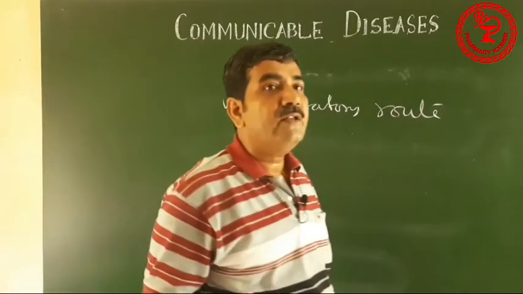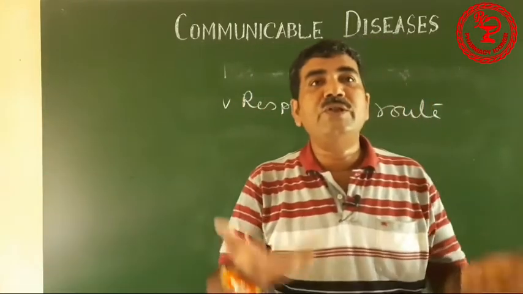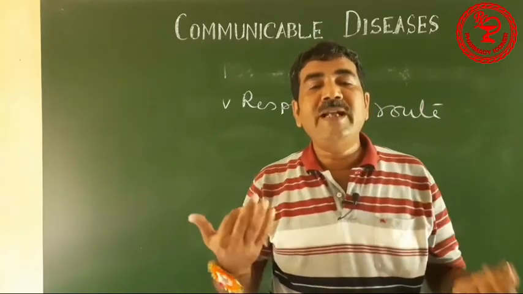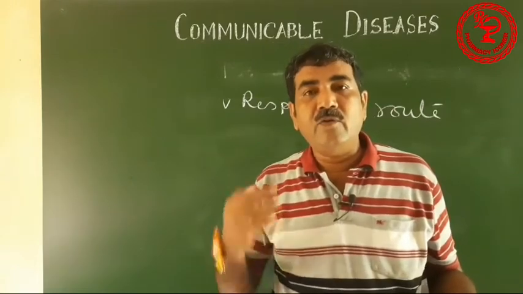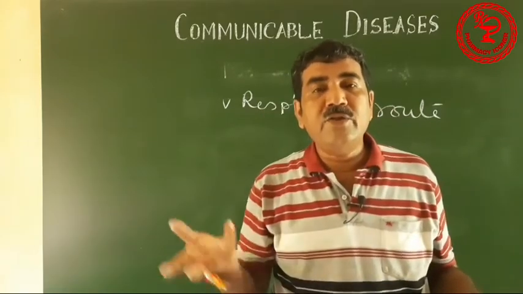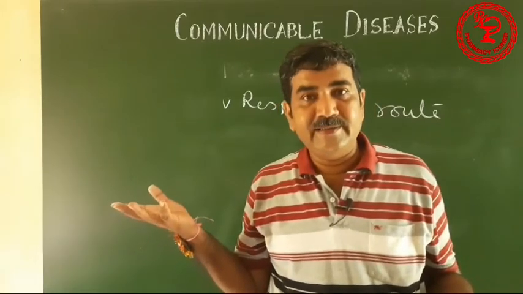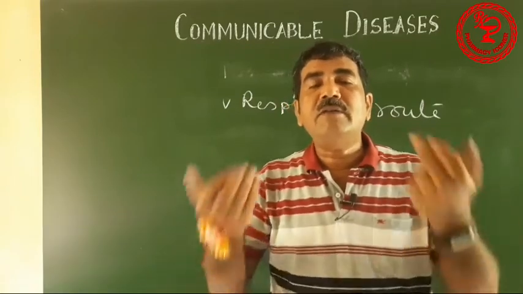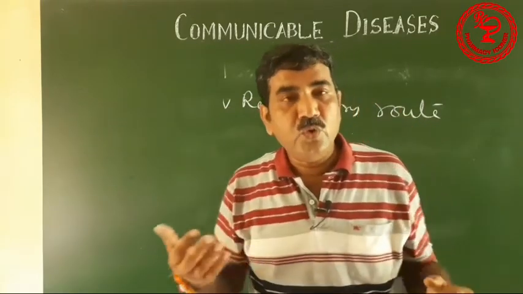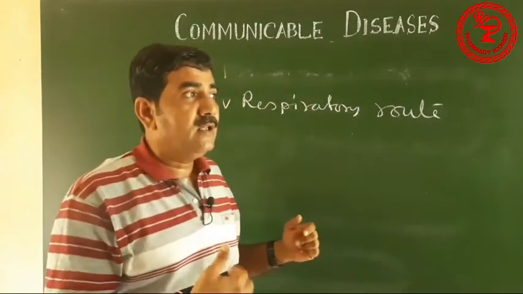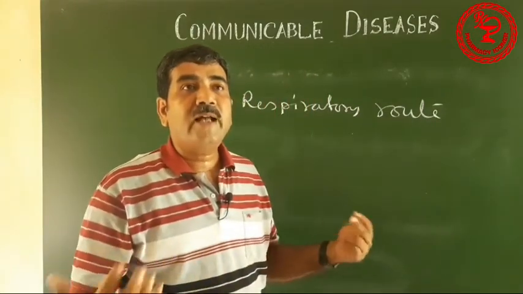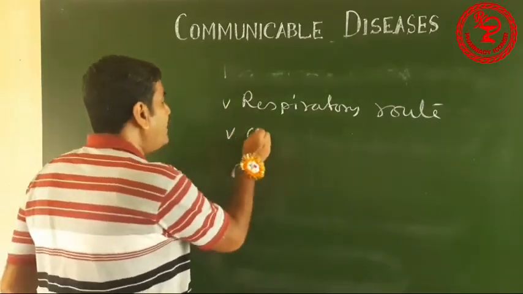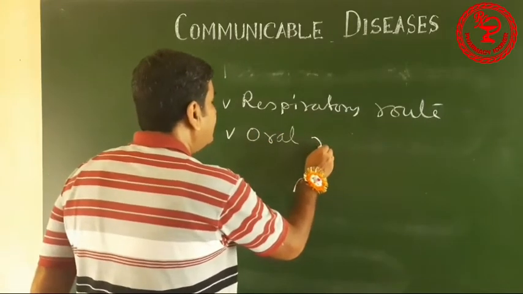Another route of infection is the oral route. We eat many things. Through the oral route, many infections can enter our body, like poliomyelitis, a disease occurring mainly in children. They enter the body through the oral route and cause infection primarily in the stomach or intestine, and later it can transmit. So that is the oral route.